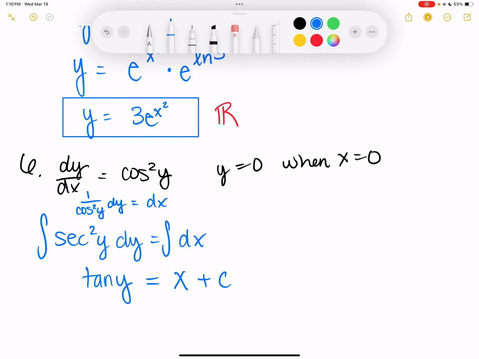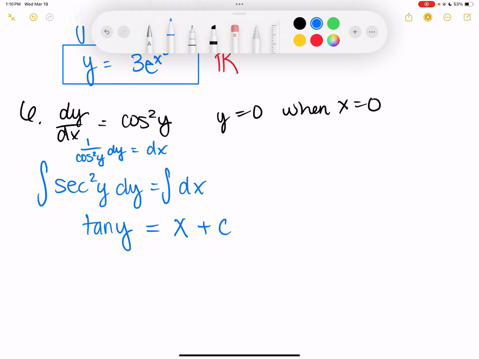So now at this point I would go ahead and solve for c. So the tangent of 0 is equal to 0 plus c. What's the tangent of 0? 0. So c is 0.